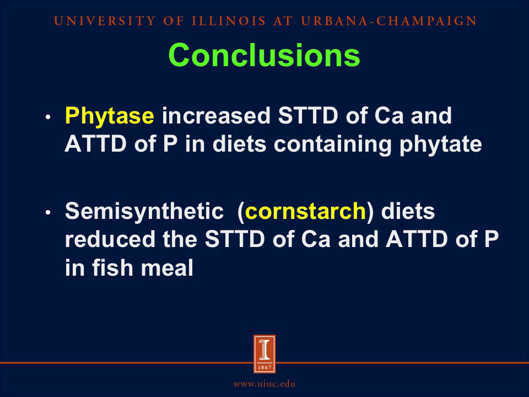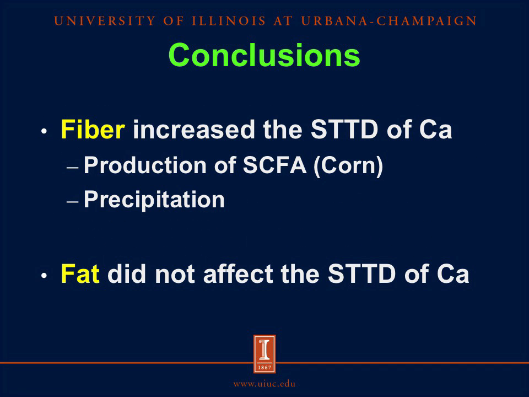In conclusion, phytase increases the STTD of calcium and the ATTD of phosphorus in diets containing phytate. Semisynthetic diets or cornstarch diets reduce the STTD of calcium and the ATTD of phosphorus in fish meal. Fiber increases the STTD of calcium.